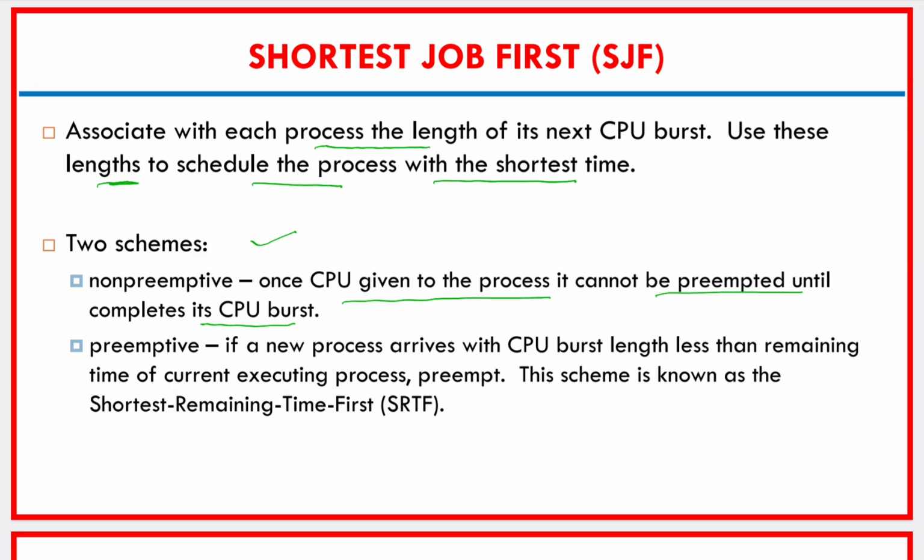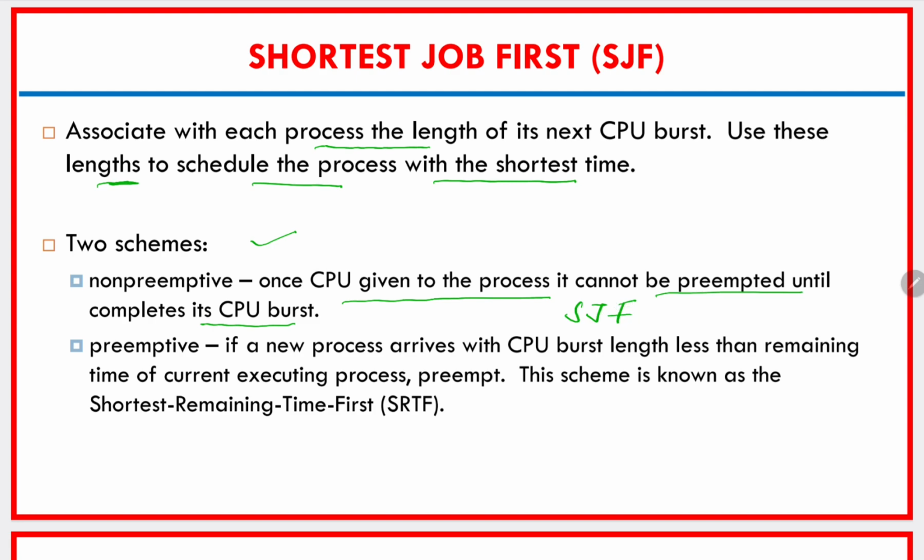Then only can another process enter the running state. So before completion of its entire CPU burst, the process under non-preemptive SJF cannot be removed from the running state. That non-preemptive variant is also known as the heading given in the slide, that is shortest job first.